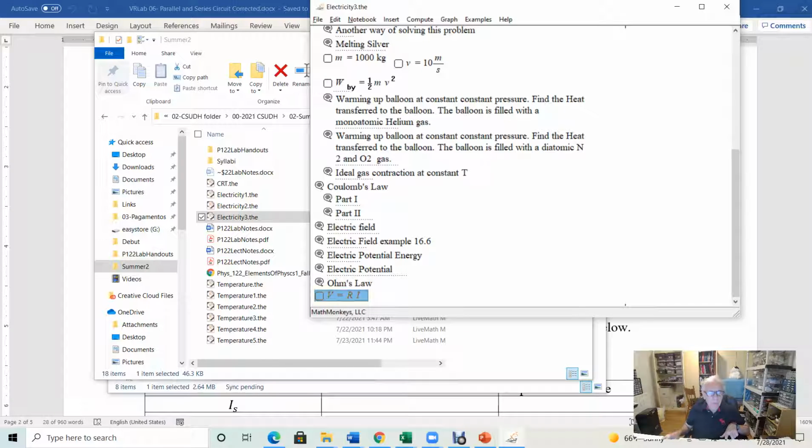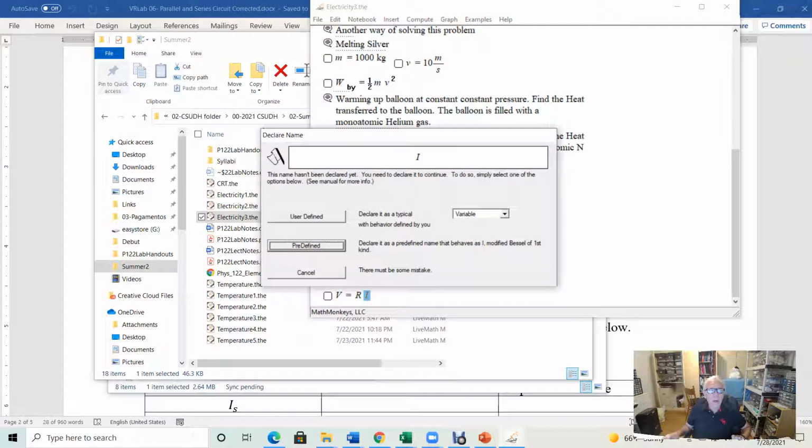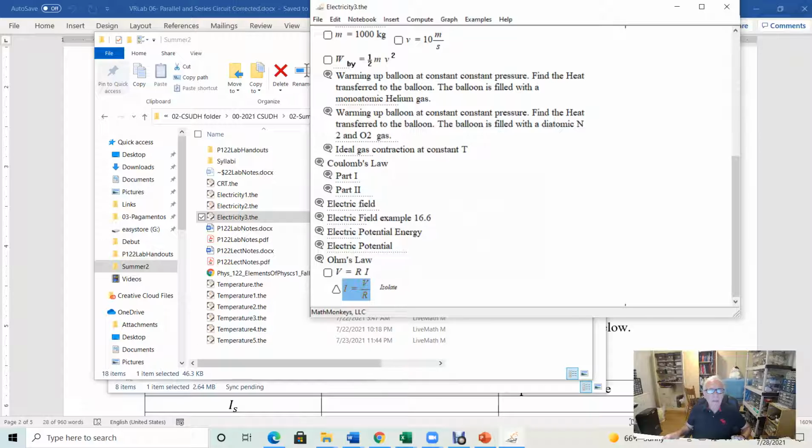V equals R I, resistance times current. The current decreases with the resistance, right? I'm going to show that to you. Here you go. The current, user defined, decreases with the resistance, inversely proportional to the resistance.